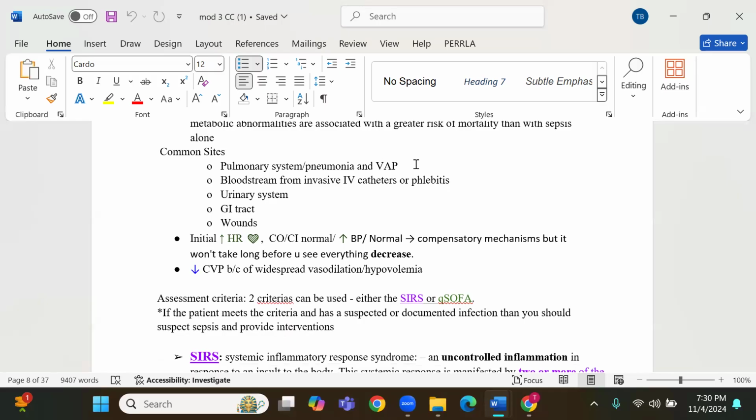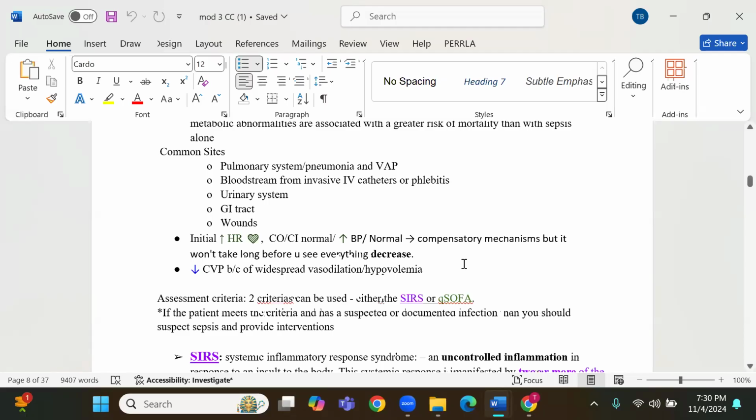Just know that the bacteria may be too powerful for the patient to hold back. Bloodstream from invasive IV catheters. Urinary system is a big one, like UTI, especially in older people. Man, they can go septic real quick. GI tract and wounds.